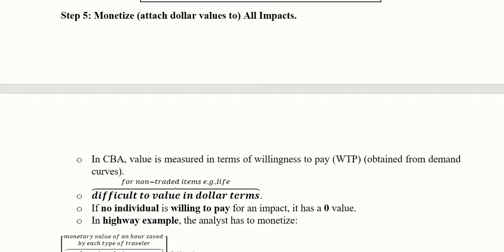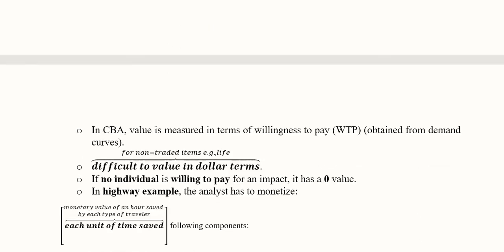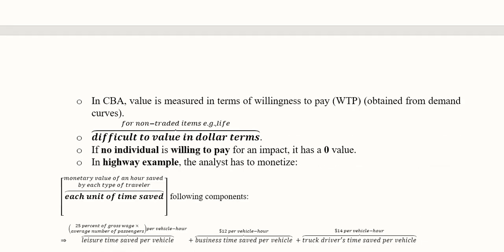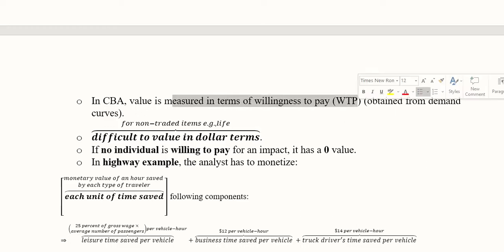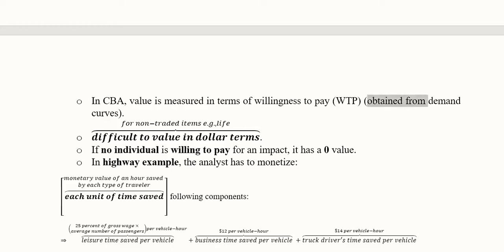However, when we transform these impacts into monetary terms, there are difficulties, because in the CBA, values are measured in terms of willingness to pay. And when we inquire from people about willingness to pay, they usually do not represent the true values that they have for those resources. For willingness to pay, we need a demand curve as well, and for that we can do surveys.